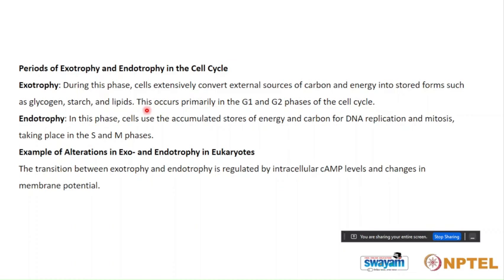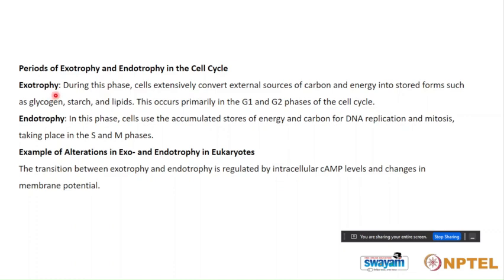In the case of endotrophy, the accumulated carbon reserves will be utilized for DNA replication and mitosis, and this endotrophy happens in S and M phases. So exotrophy happens in G1 and G2 phases, where usually cells convert external carbon into internal stored carbon in the form of glycogen, starch and lipids.